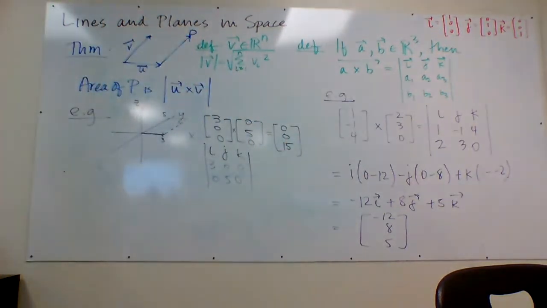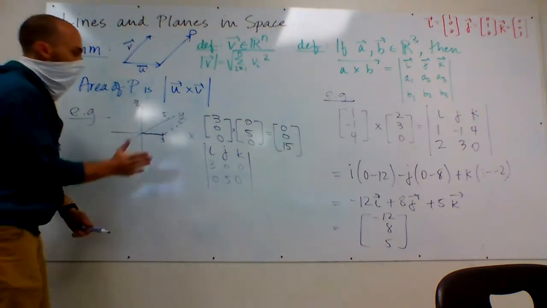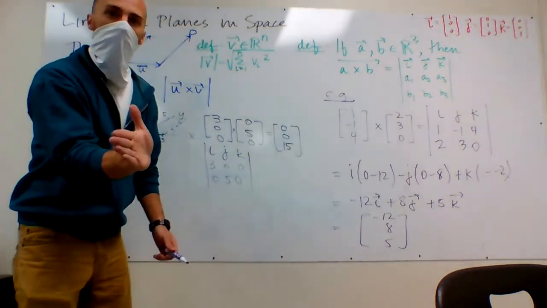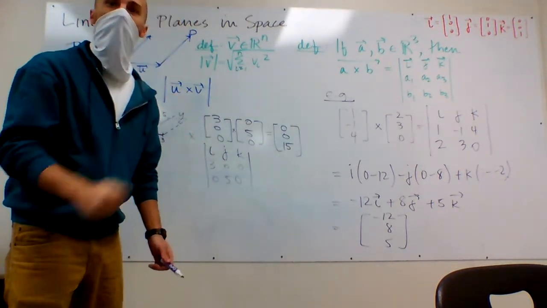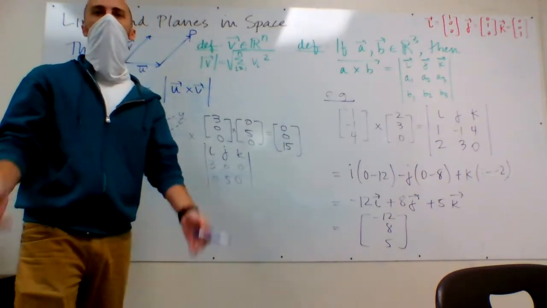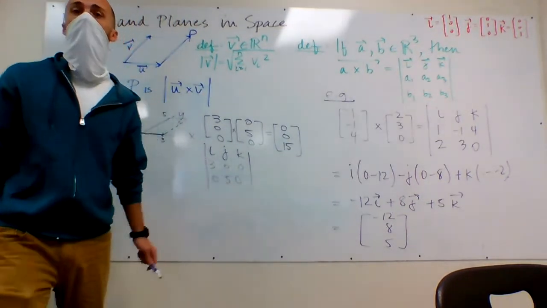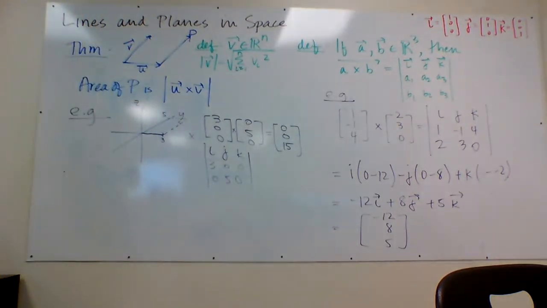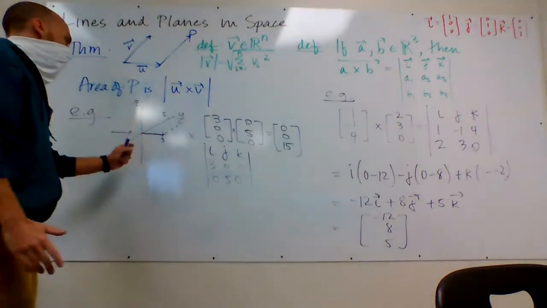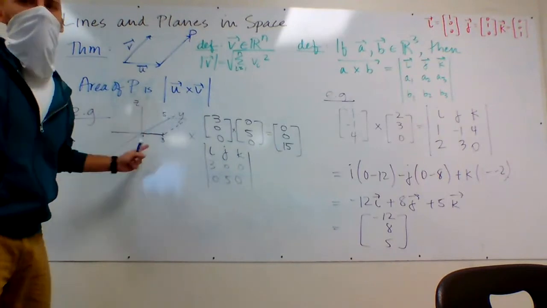Okay, and if you look at it and think about it for a second, that should make sense, right? That we cross something on the x-axis with something on the y-axis, and we get something that goes in the positive z direction, if you're fluent with the right-hand rule. I'm not very fluent in physics, but that is obviously something I picked up. And you can see that if it just runs along the z-axis, this is going to have a length of 15.